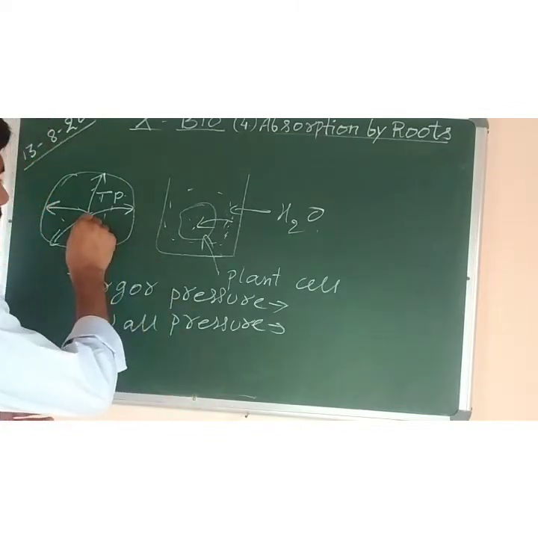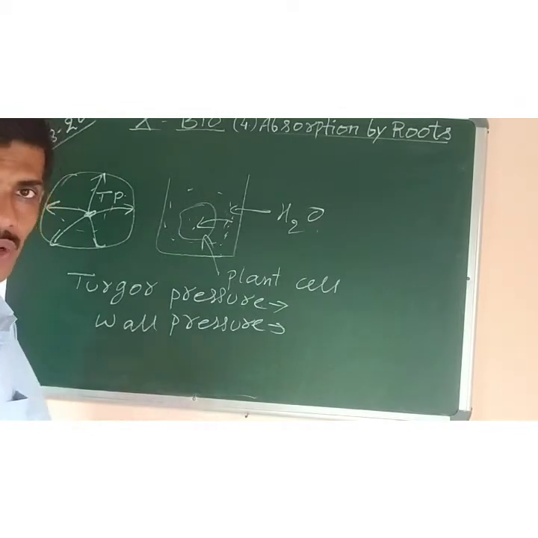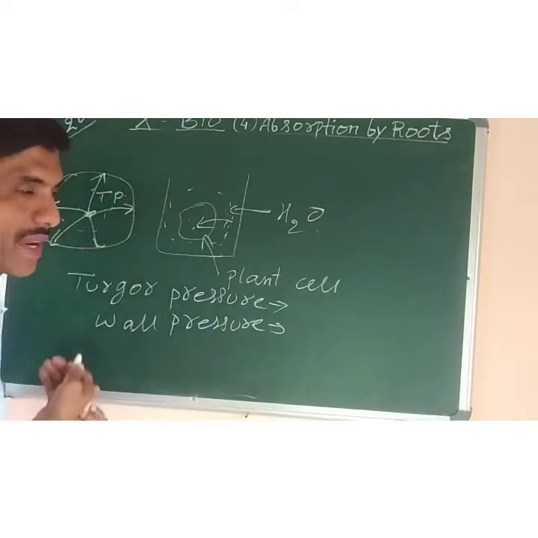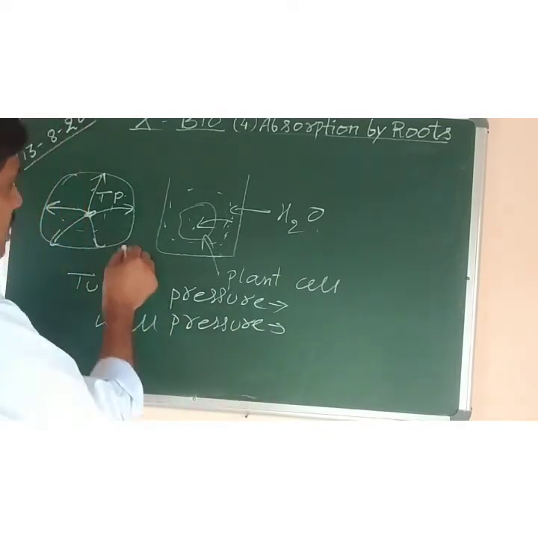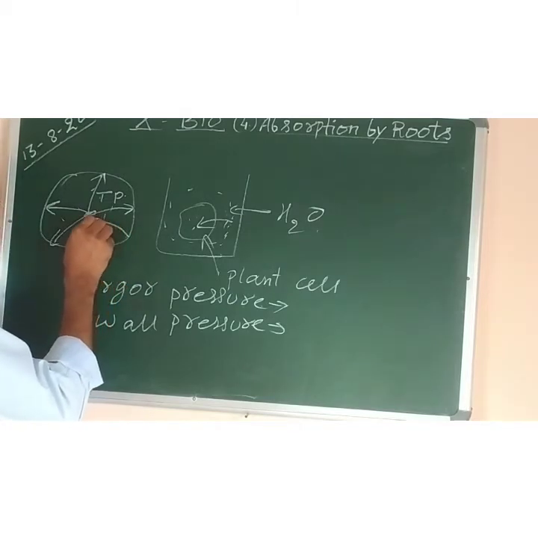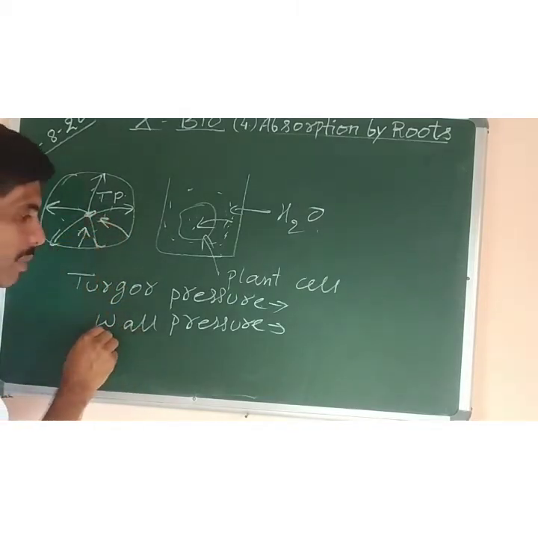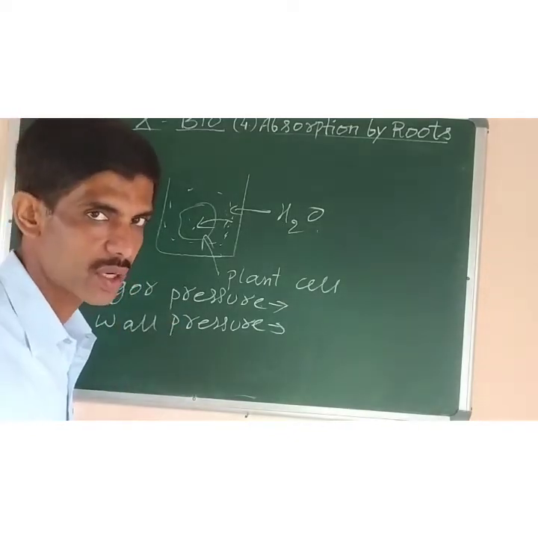If a lot of pressure is applied by the cell contents, the wall may rupture or break, and it will cause bursting of the cell. In order to resist this, the cell wall also applies pressure on the cell contents to counter it. So wall pressure is the pressure applied by the cell wall on the cell contents or the cell sap.